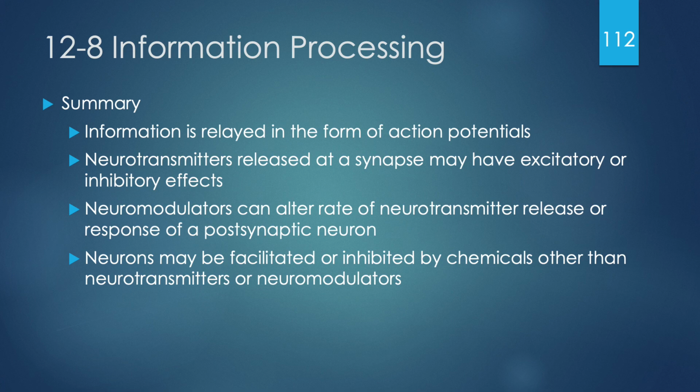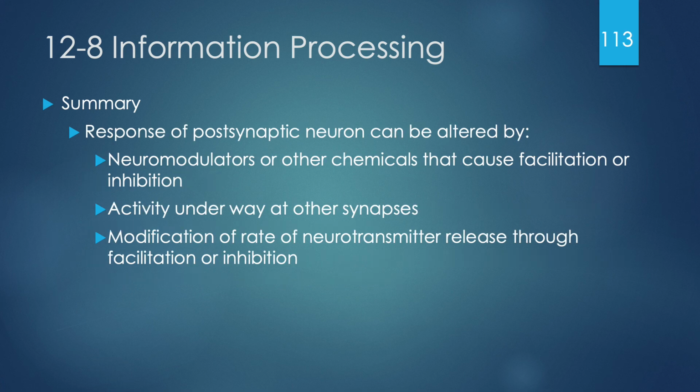There are also neuromodulators, and these affect the way in which neurotransmitters will release or respond to the postsynaptic neuron. And neurons can either be facilitated or inhibited by chemicals other than neurotransmitters or neuromodulators. Remember, we talked before about some gases and other substances.